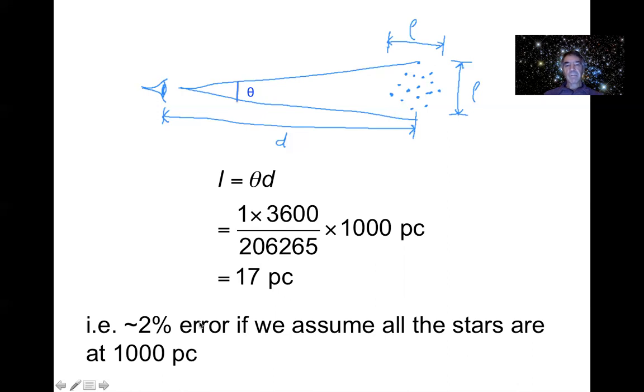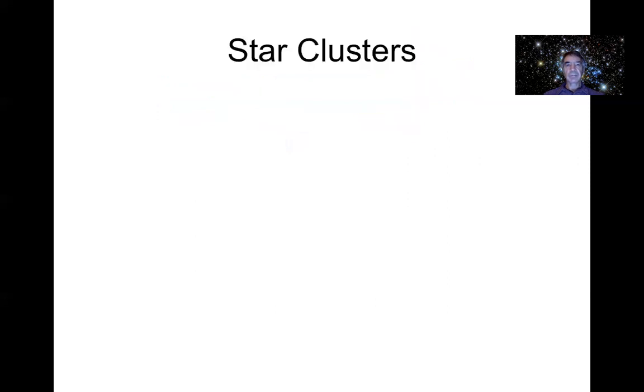So 2% for astrophysics is neither here nor there. That's already pretty accurate, more accurate than a lot of other uncertainties that we would normally have to deal with. So you can begin to see that the approximation of assuming all the stars are actually at the same distance is a pretty good one. That allows us to unlock the power of these color magnitude diagrams that we've been discussing.